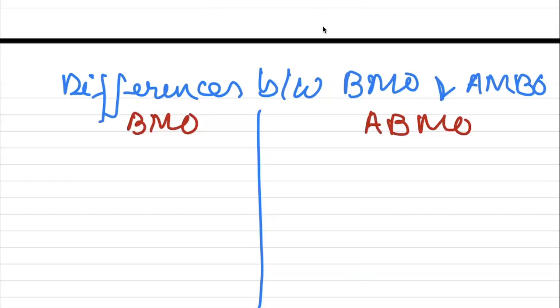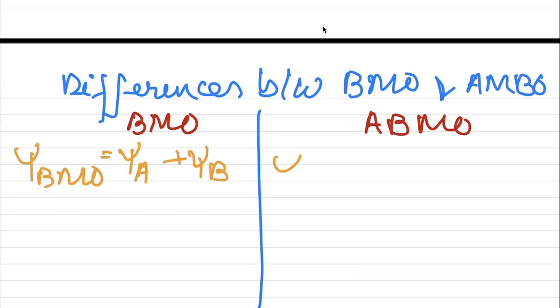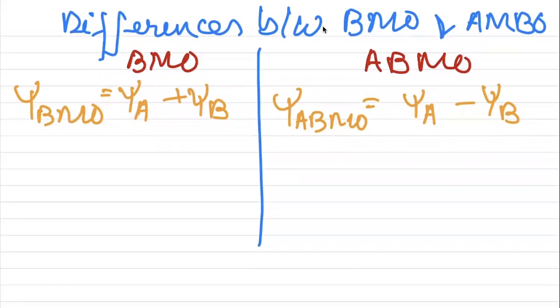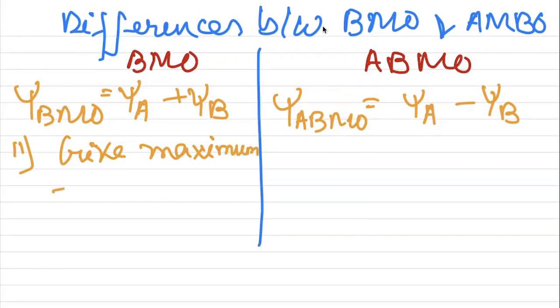For bonding MO, psi A plus psi B. For anti-bonding MO, psi A minus psi B. Okay. Now bonding MO gives maximum electron density in between the nuclei.